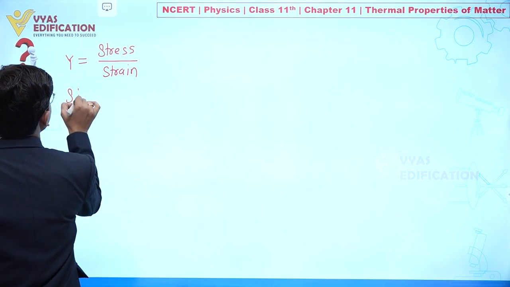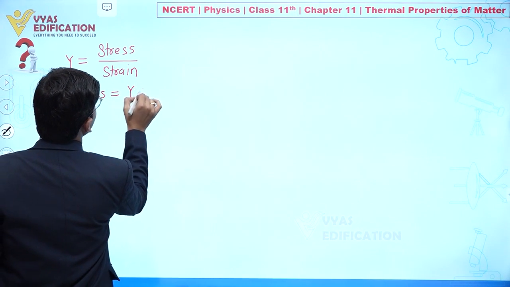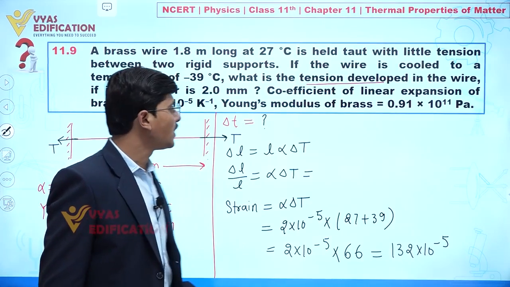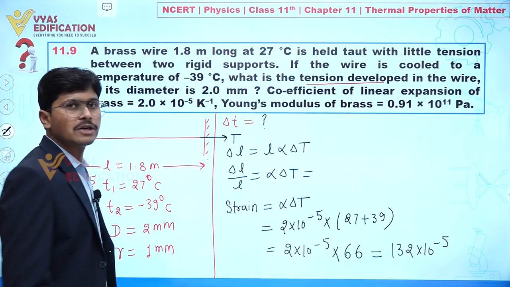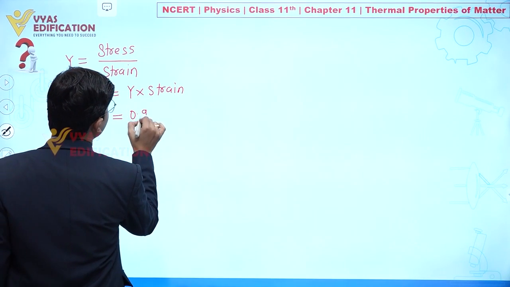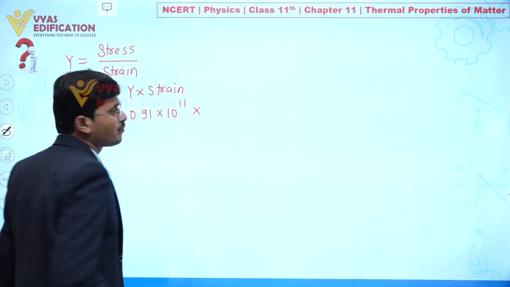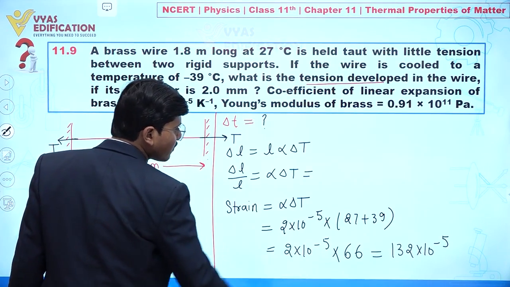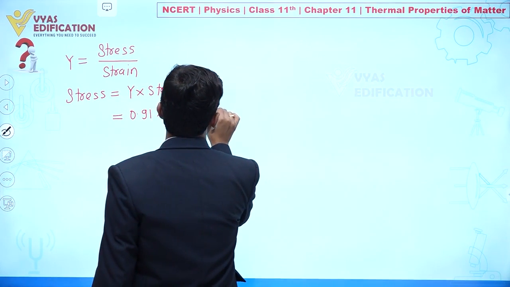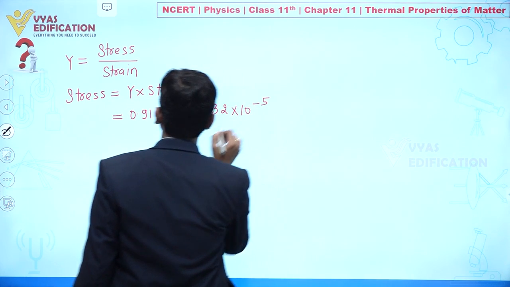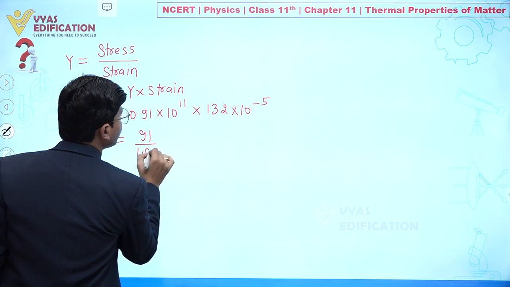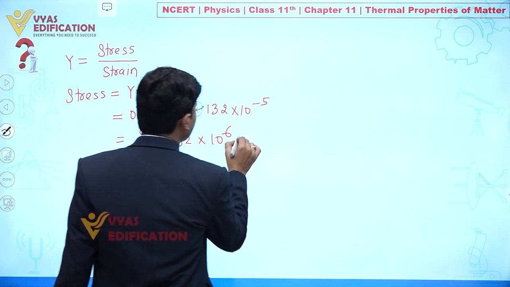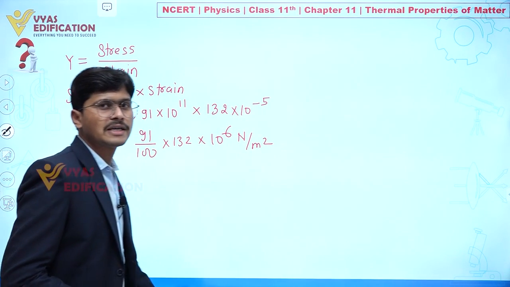So the value of stress is equal to Y multiplied by strain. The value of Y is given as 0.91 into 10 to the power 11, and the strain value is 132 into 10 to the power minus 5. So this is 91 by 100 into 132 multiplied by 10 to the power 6. This value is in Newton per meter square, or Pascal.